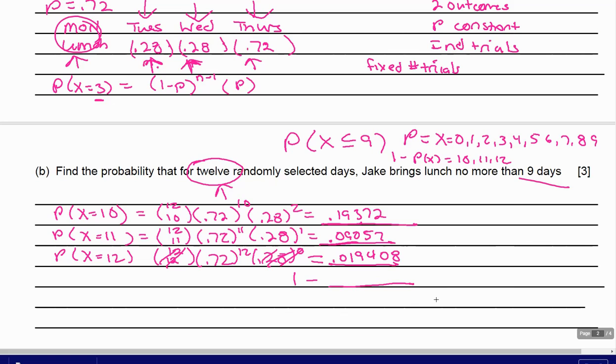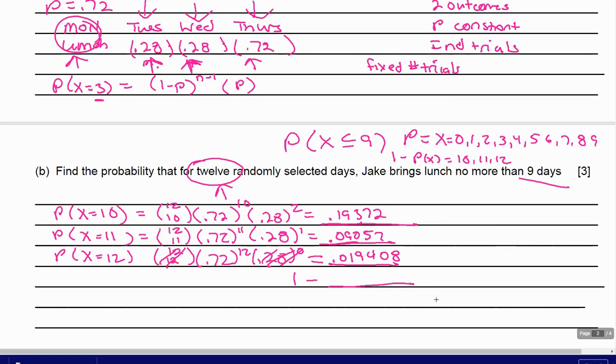Because remember, what we just figured out is the probability of exactly what they didn't want to know. We just figured out the probability of it being more than 9 days. They want to know no more than 9 days. So we find this probability, but then we take it away from 1, and that's their probability.